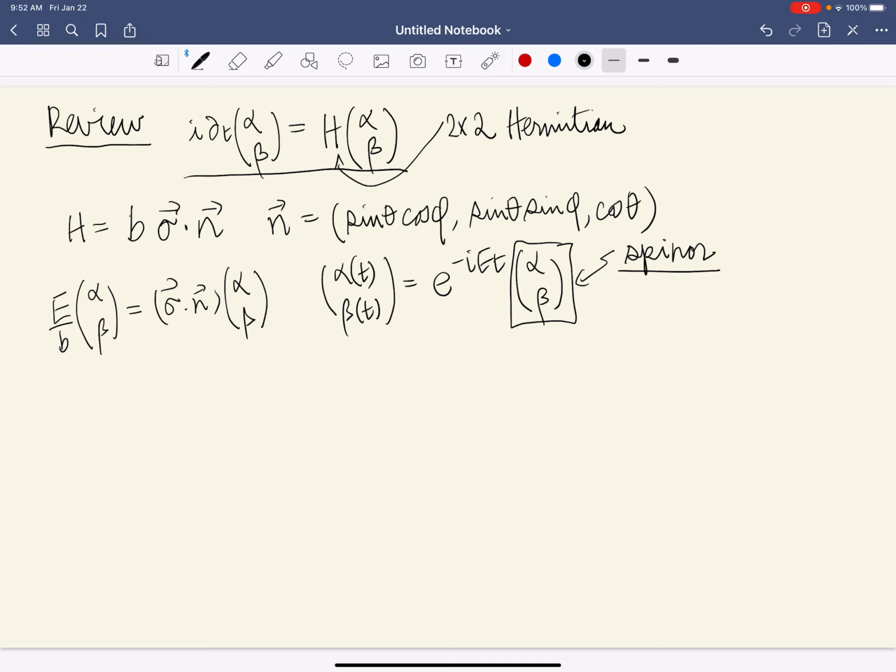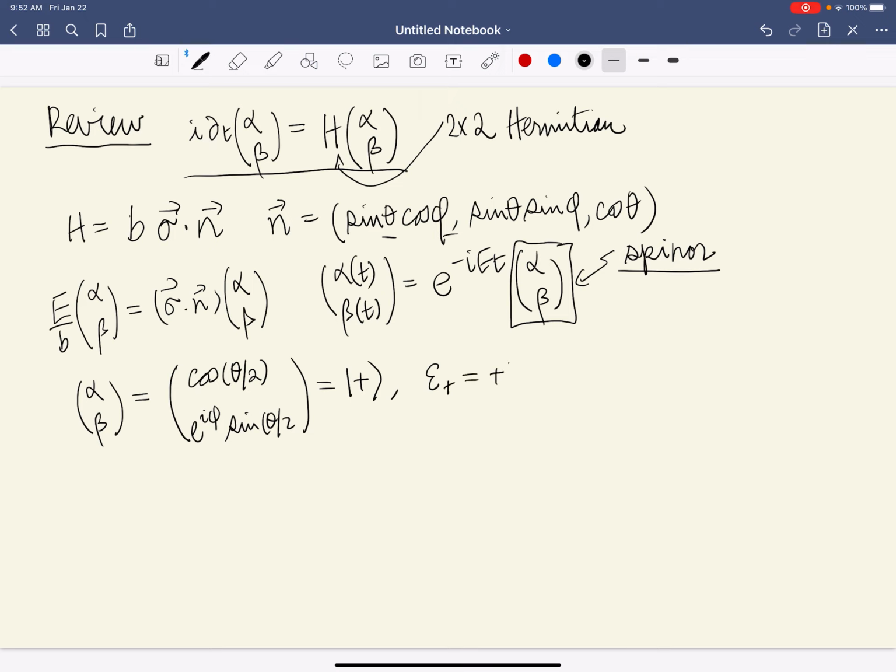Okay, so, and then we showed that there are two different eigenstates available, which can be written using these same angular representations as cosine half theta, e to the i phi, sine half theta, which corresponded to an eigenstate, eigenvalue plus 1.